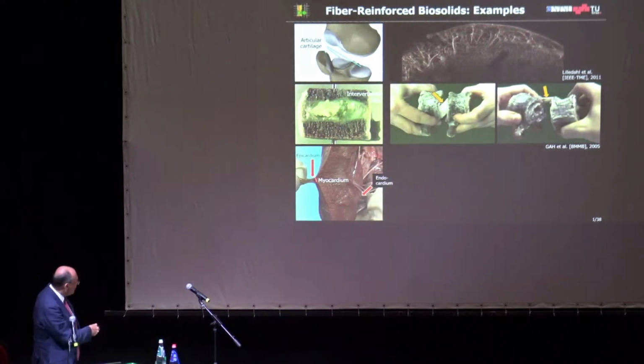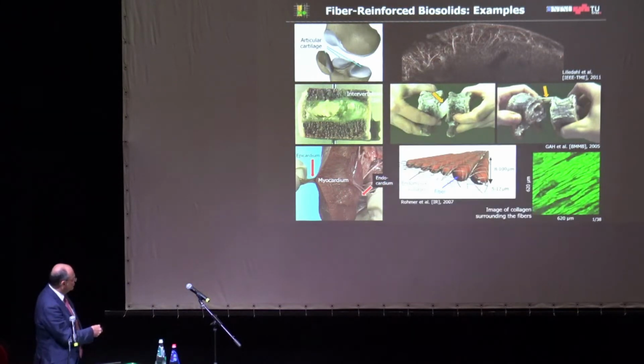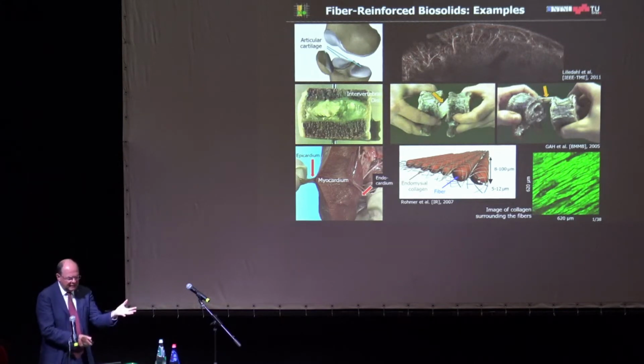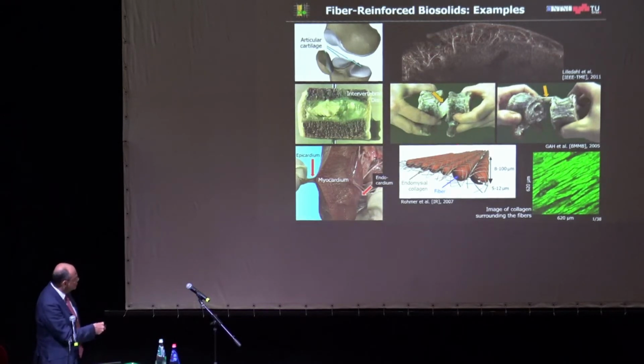Or our myocardium. The myocardium in our heart is embedded between the epicardium and the endocardium. When you do second harmonic generation microscopy, you also see fibers embedded in a certain matrix material, and these are endomysial collagen fibers going around here.